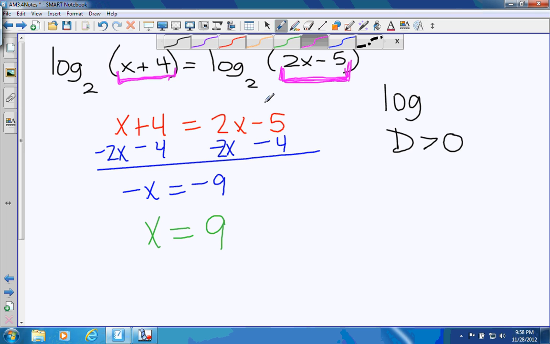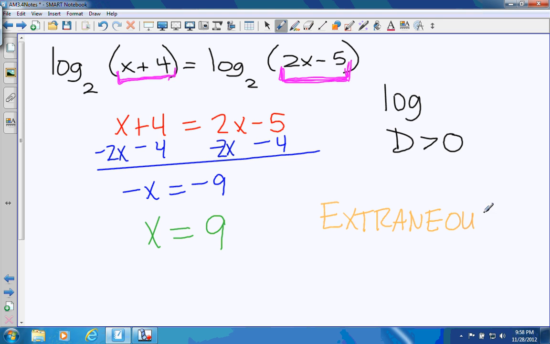There are going to be times when it doesn't. When that happens, it is called an extraneous solution.